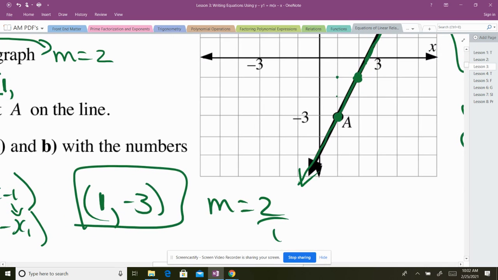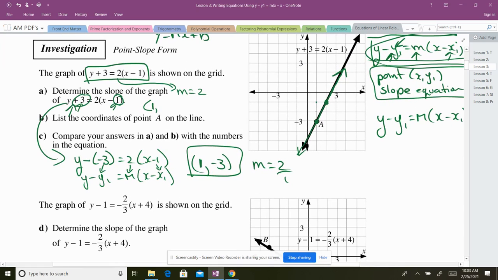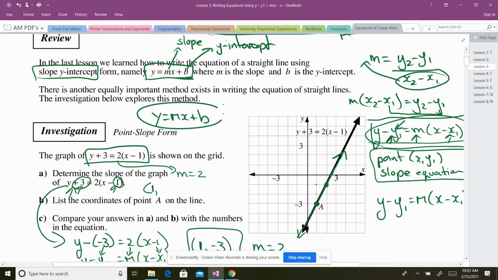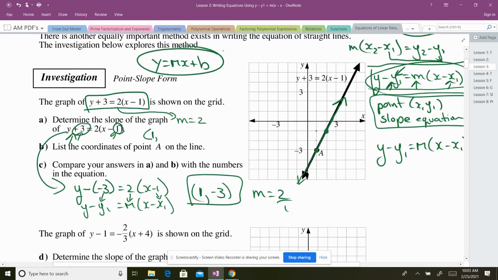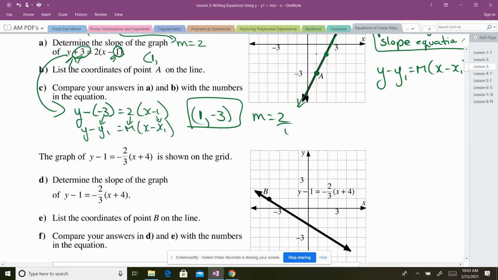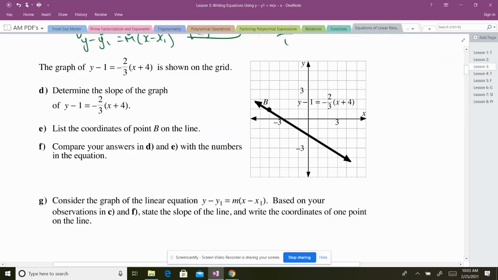It's pretty close, but it's not perfect, right? Is it -4.8? Is it -4.75? Is it -4.9? We don't know. So if it's not a clear y-intercept, you need to use this equation, because the other one required us to know the y-intercept. That's why it's called the slope y-intercept form, right? So we're just going to practice pulling the information out of this.